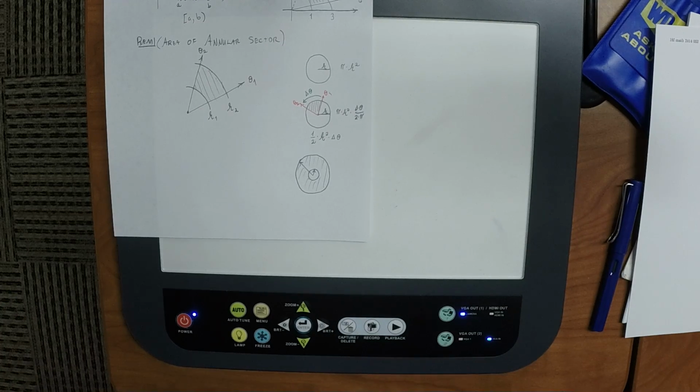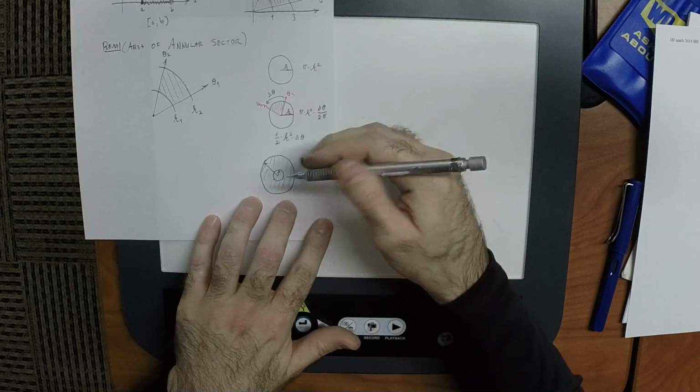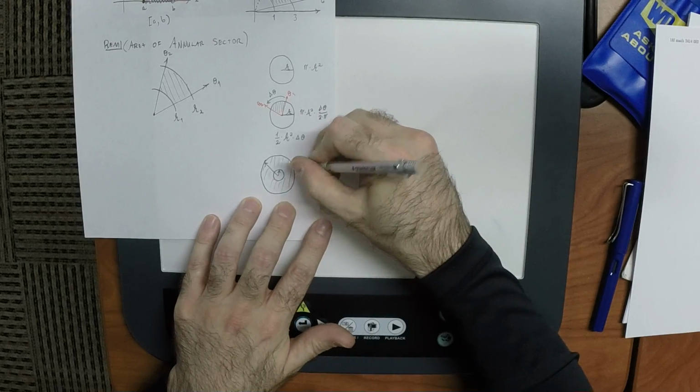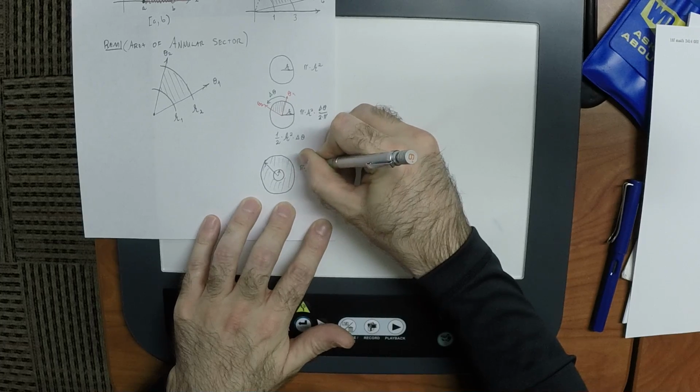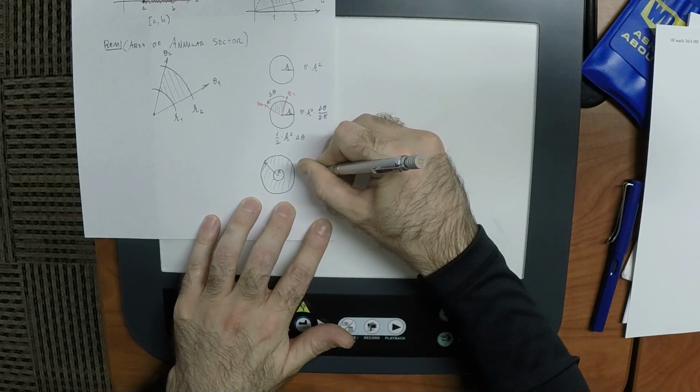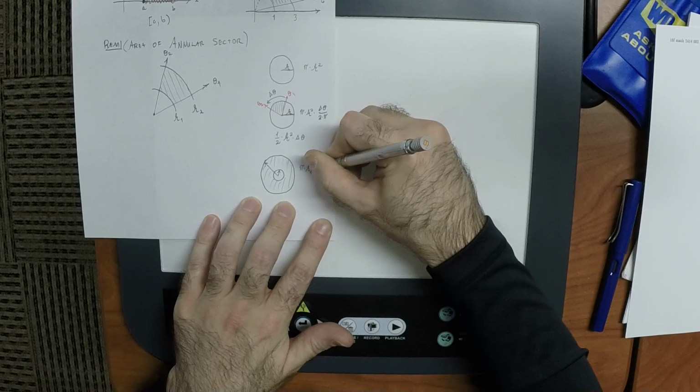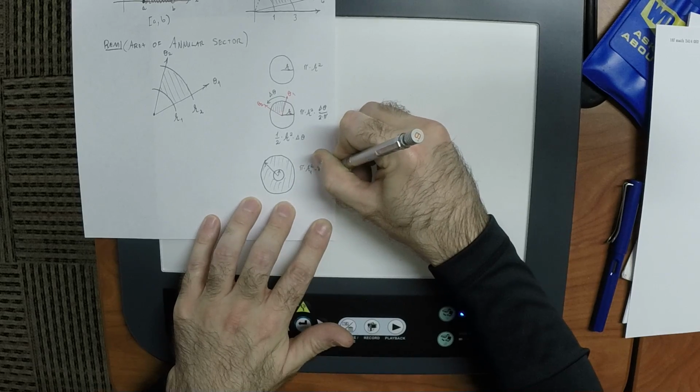It's the big one minus the little one. So this would be pi r2 squared minus pi r1 squared.